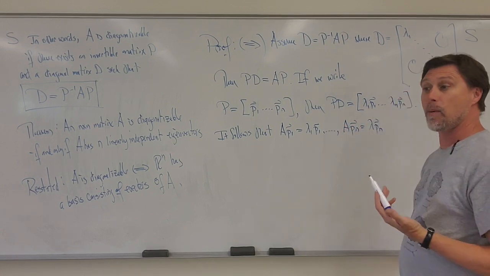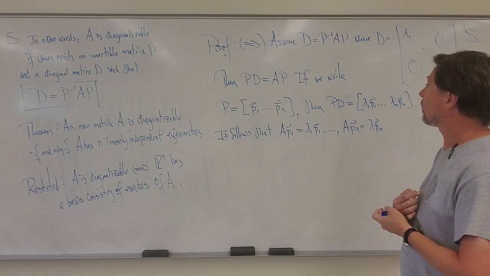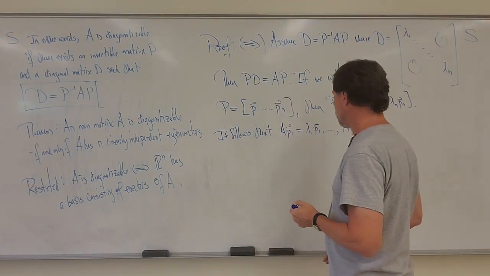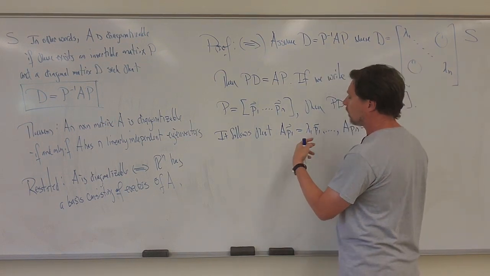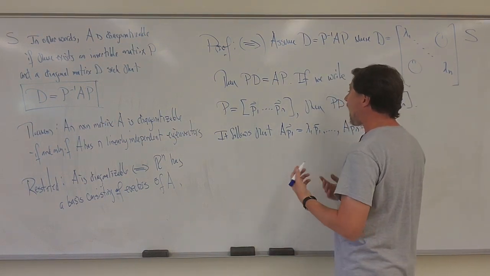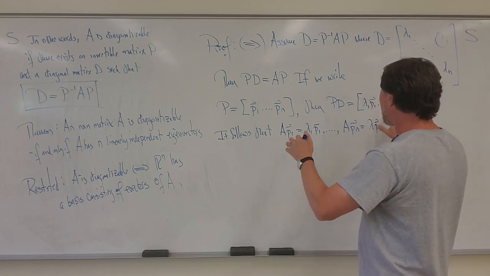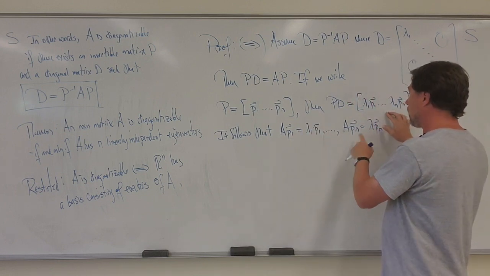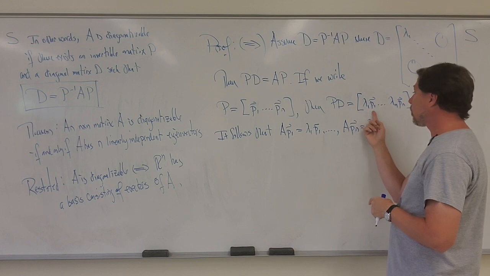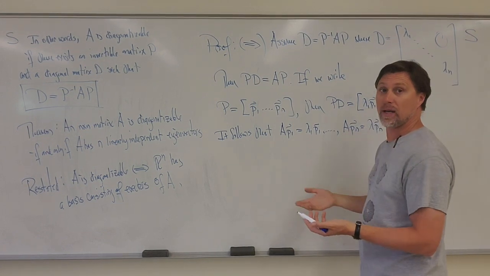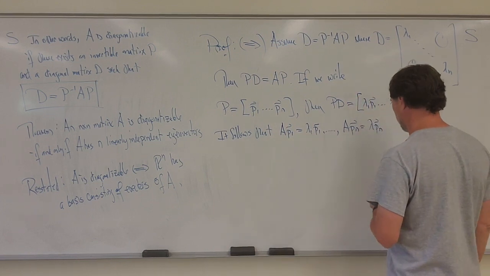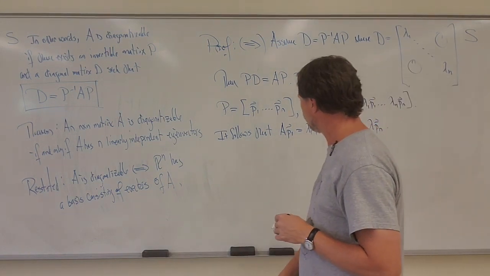Just thinking about how matrix multiplication works, A times P is the matrix whose first column is A times P1, the next one is A times P2, and so on. By setting them equal to each other, A times P1 has to equal the first column of P times D, A times P2 has to equal the second column of P times D, and so on.